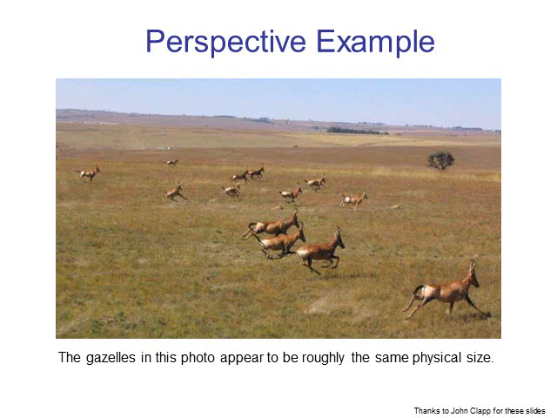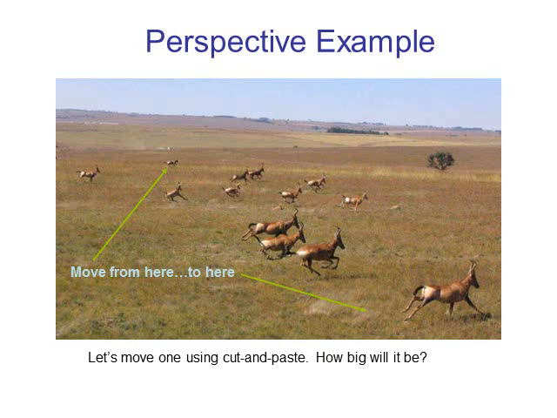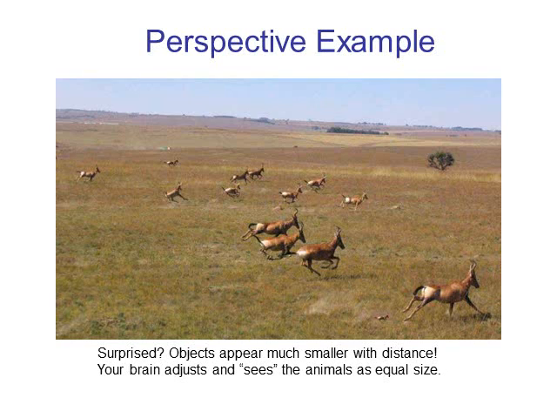And of course, the ones in the back are smaller than the ones in the front, but that makes sense to our brain because things closer to us look bigger. When we mess with it, then it's kind of interesting. There's the guy way in the back, and we're going to move him to the front, and there he is, and it looks like an ant. And that doesn't make sense to our brains because to be that small, he should be way in the back.